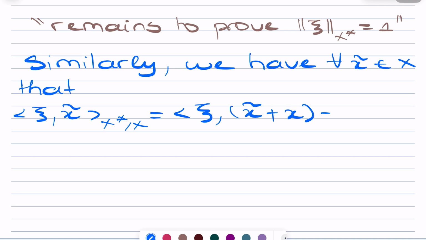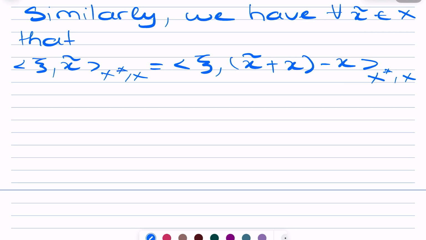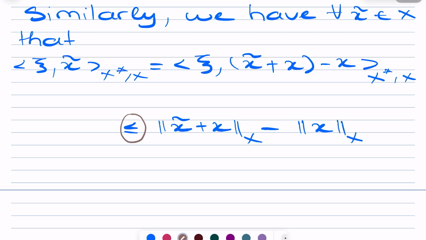I insert it and remove x, so nothing has changed. Now, by definition of xi being in the convex subdifferential, this is less or equal than the norm of x tilde plus x minus the norm of x in X.